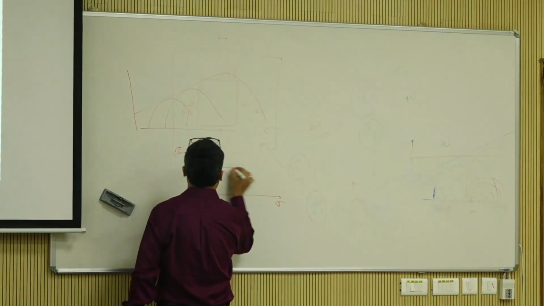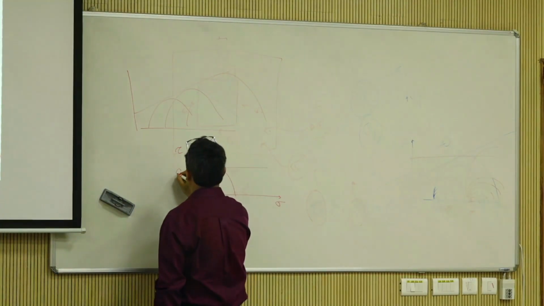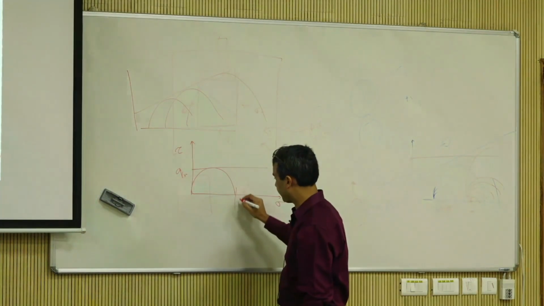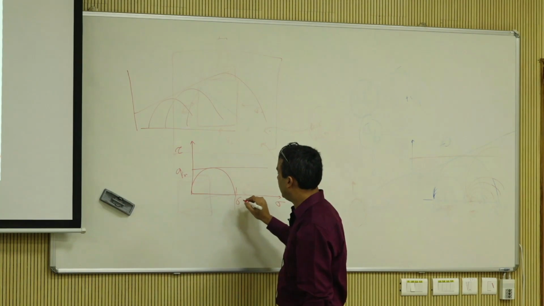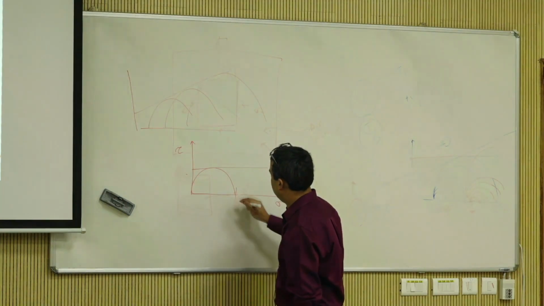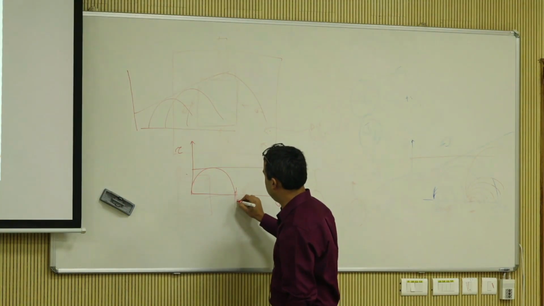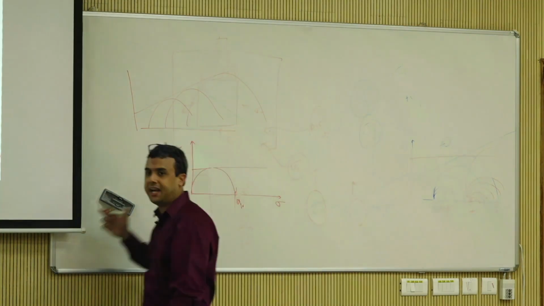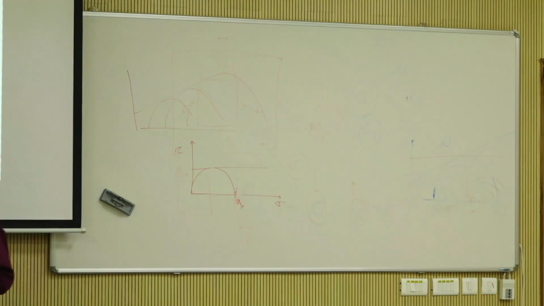So this is called unconfined compressive strength. This is known as the compressive strength, right? And then the radius is basically half of that and stuff like that. That's how it works, right?